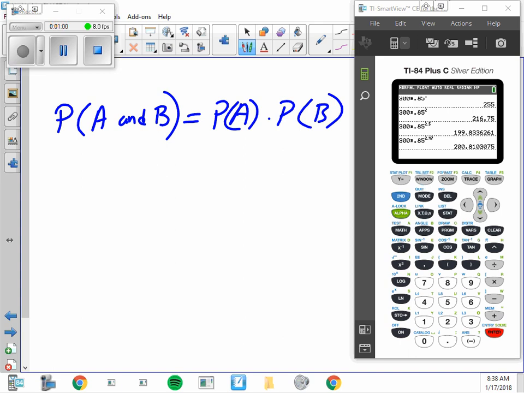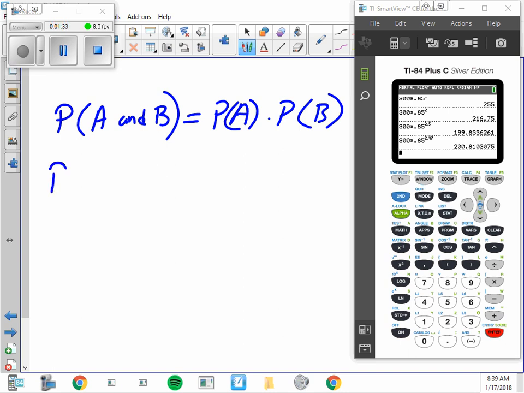Okay? So, let's say I roll a dice and I flip a coin. What is the probability that I get 6 and tails? So first, are the dice and the coin independent? Yes. Okay? So we need to find the probability of the first one and multiply it by the probability of the second one. What is the probability of getting a 6? 1/6.